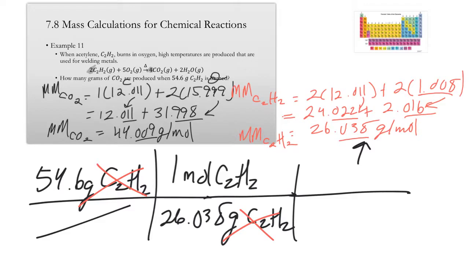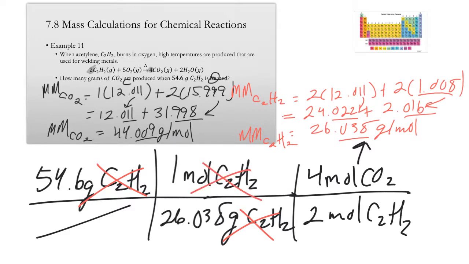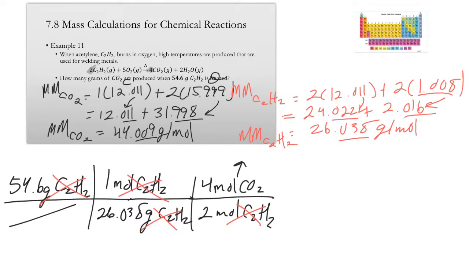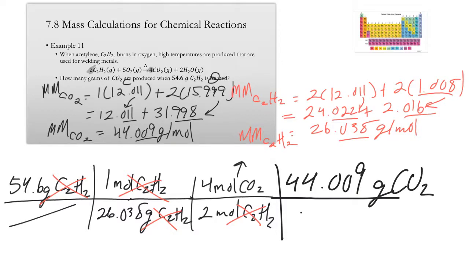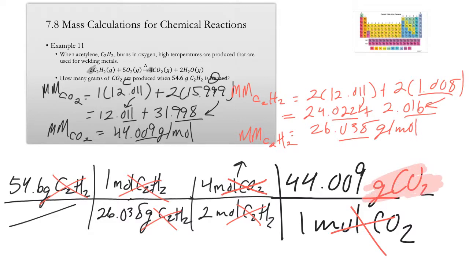So the mole ratio is 4 moles of CO2 for every 2 moles of acetylene. And now the moles of acetylene cancel out. We have moles of CO2 there. And now we need to multiply by the molar mass of CO2. So it's 44.009 grams of CO2 per mole of CO2. So you get moles of CO2 canceling out, leaving you with just grams of CO2.